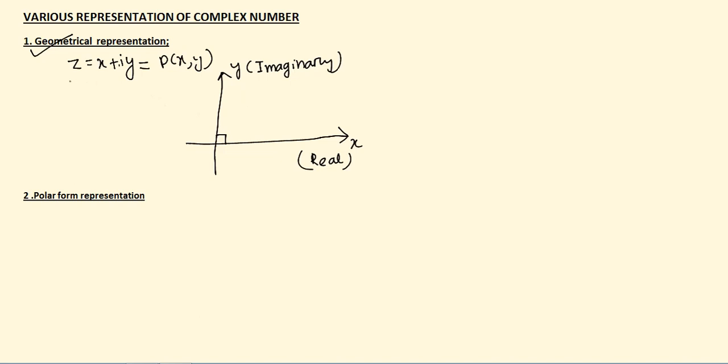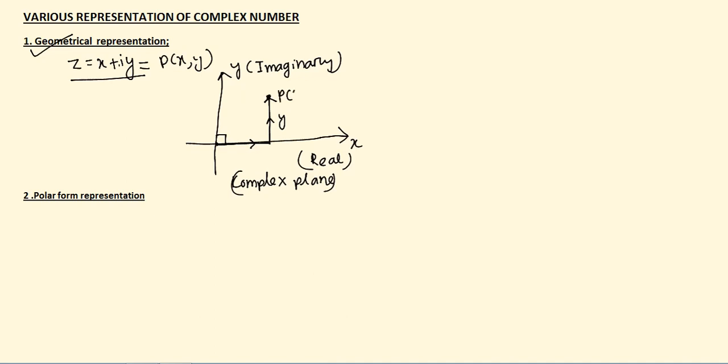Now in order to represent this complex number in this complex plane, first of all we have to go x units along the x-axis and then y units along the y-axis.